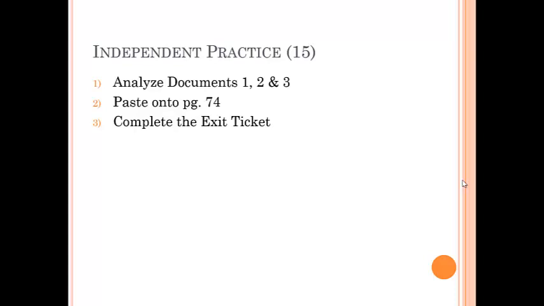Complete it, and once you're done, you can grab a study guide as well. Our exam is on Thursday, but you can have your study guide from now, so you can practice.